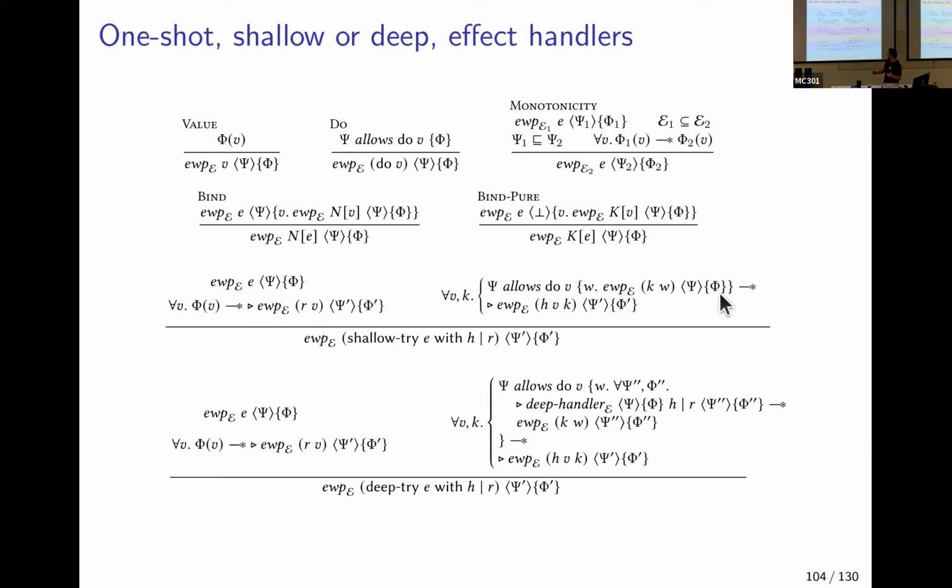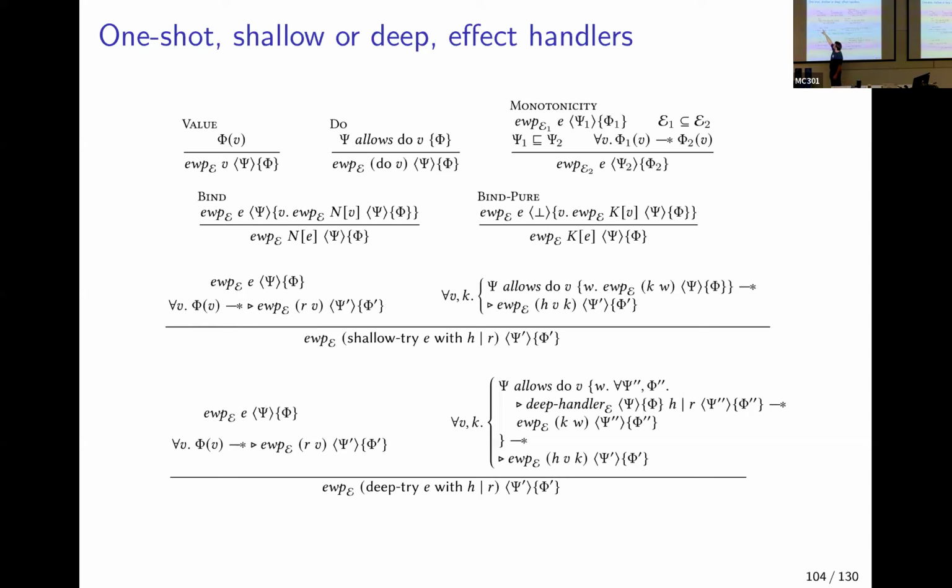And so the rule for handlers is the following. So how do we read this? Try E with H, R. This is like handle E with H for handlers, and R is the branch for the return value. So we'll read this first.